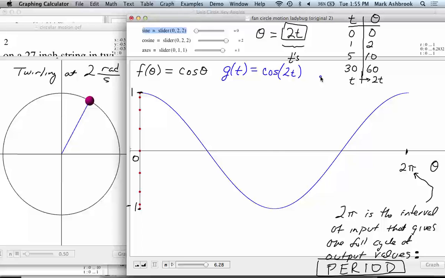And we get that from the fact that the period of cosine is 2 pi. So this 2t represents what quantity? That's our theta. And if we're interested now in theta, we need the interval of theta that gives 1 full cycle, which we know is 2 pi.